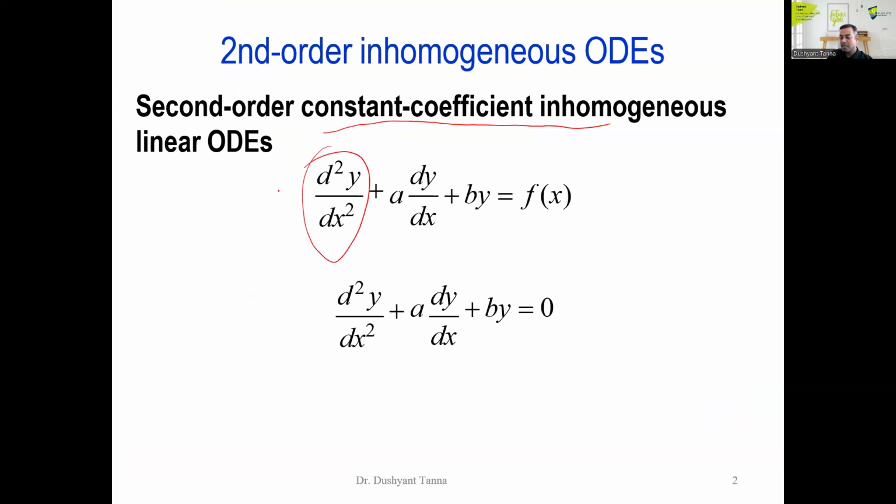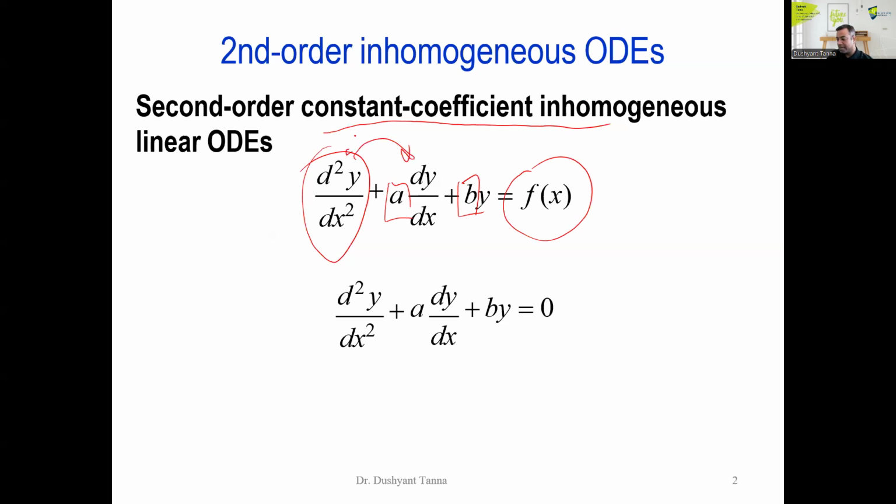So second order d2y by dx2, constant coefficients. So the coefficients are constant, a and b are constant here, right? Inhomogeneous, that means the right hand side is not 0. That's inhomogeneous. Linear ODEs, so dy by dx and d2y by dx2, they are not multiplied together.